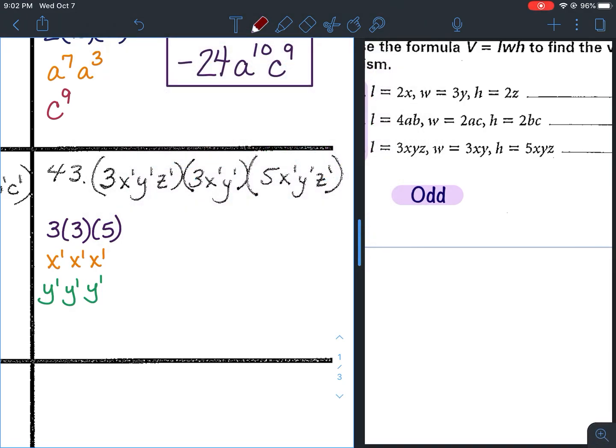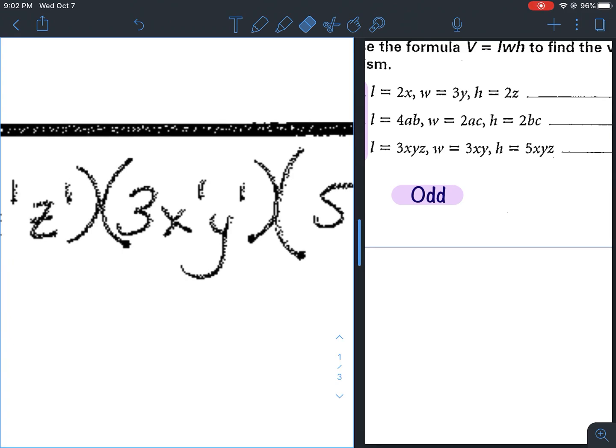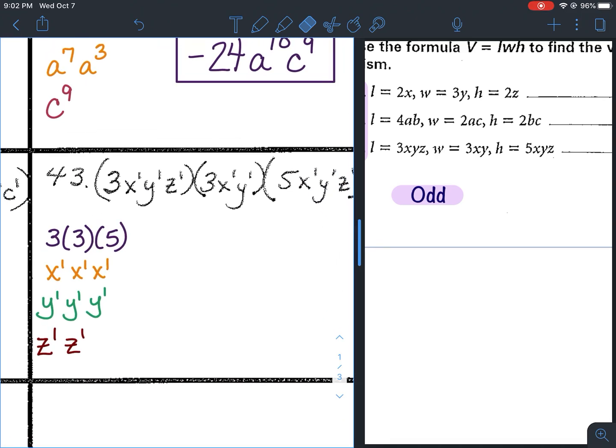And then I have z to the 1st and z to the 1st. Put those lines through your z so they don't look like 2's, please. Okay, now that I've grouped everything together, first of all, notice in that second monomial there, there's no z term. So there's only two z terms to combine.